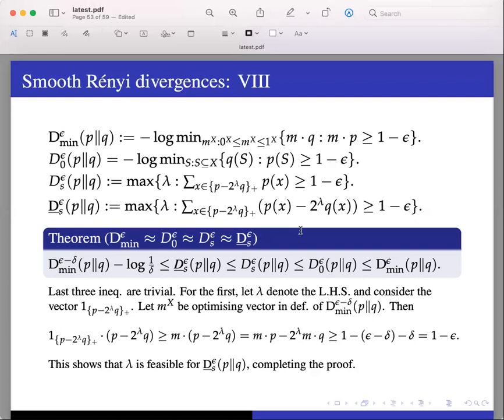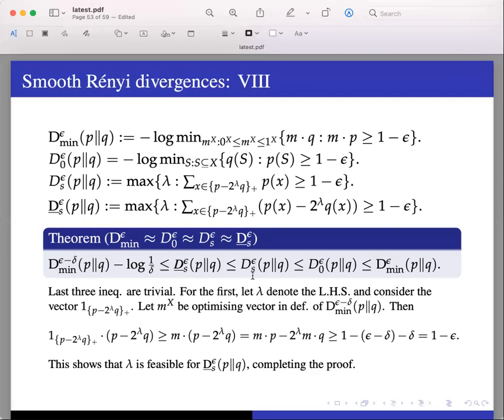So now the theorem is that all these four quantities are roughly equal. More formally, I have this chain of inequalities. The last three inequalities are trivial. So let us see. D lower bar epsilon s is less than D epsilon.